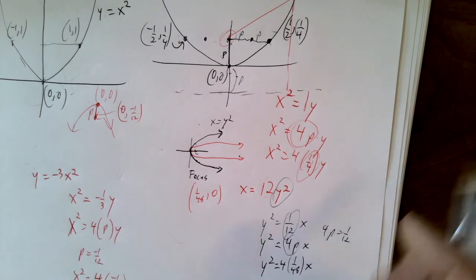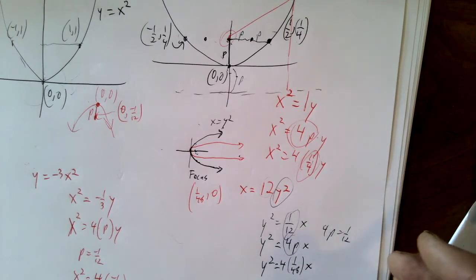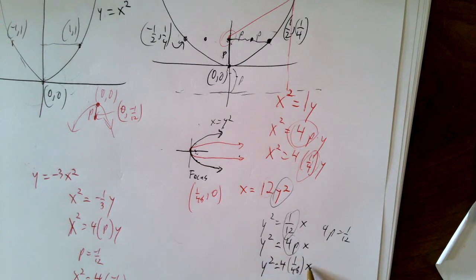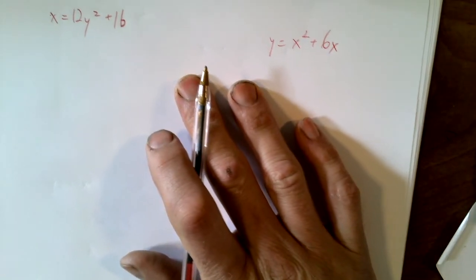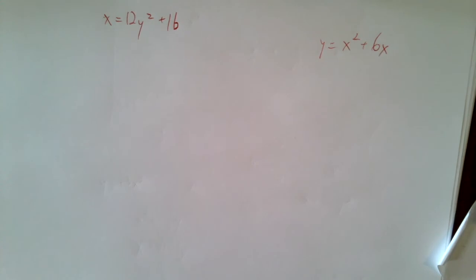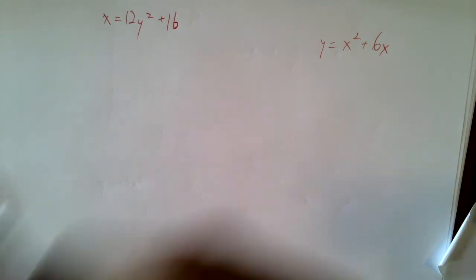Okay, so starting from the equation, it's kind of that form that we're looking for, although we might have an h and a k. We might have a shift horizontally or vertically, so we might have x minus h and y minus k going on. I got a couple examples for that where you have to rearrange the equation a little more. To get y squared by itself in this one, I've got to move the 16.